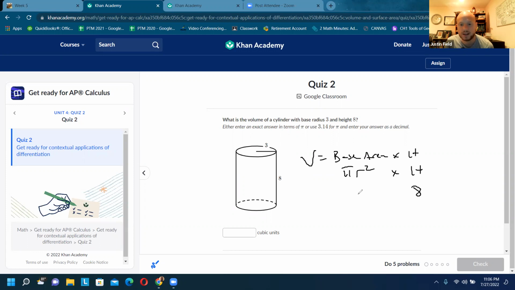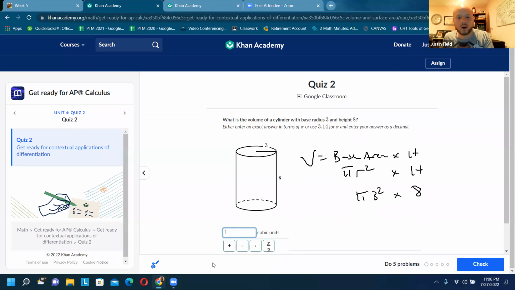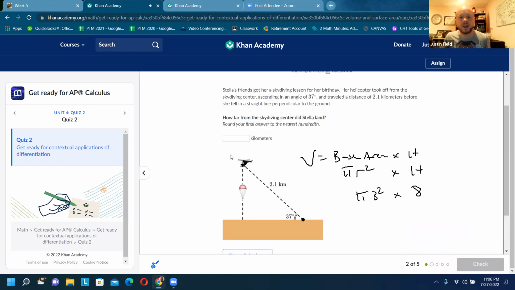So that's going to be 8 pi 3 squared. I'm sure you can do that. I'm not even going to take the time. Oh, I'll just pause the video. Well, no, I didn't have to pause long because I realized I can just put the exact answer, 72 pi.